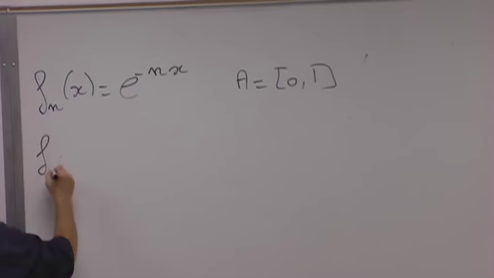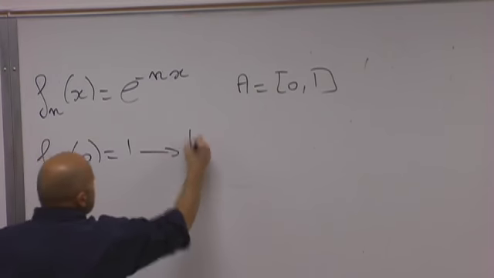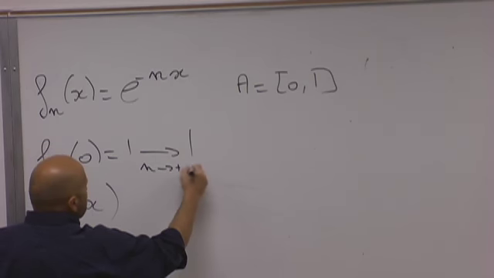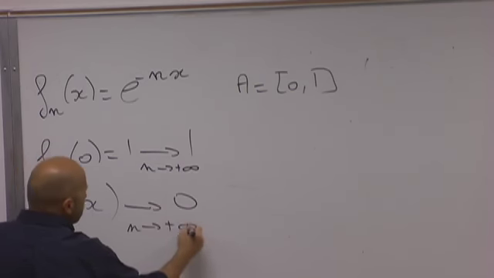Fn(0) is 1, and this converges to 1. Fn(x) for x strictly positive, as n goes to infinity, is going to converge to 0 as n goes to infinity.